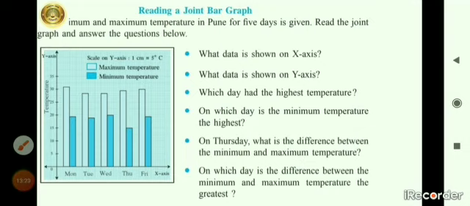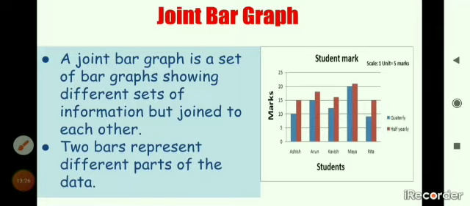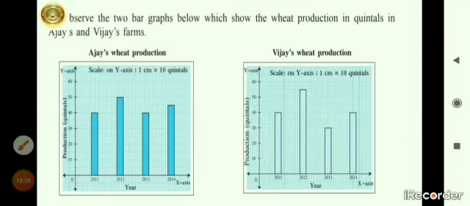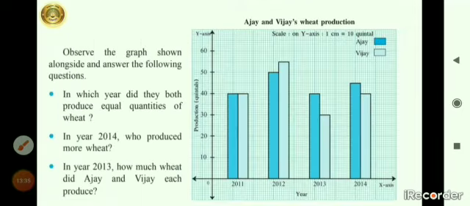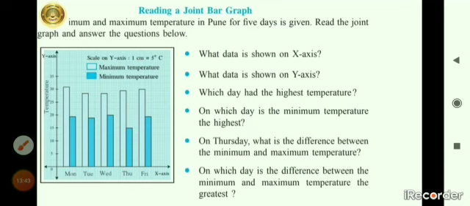It is a little bit hard when we are considering two different graphs. It is hard to interpret, because we have to look separately at two graphs, while when we are observing this joint bar graph it is easy for us to interpret the data. So now look at the next example, reading a joint bar graph.